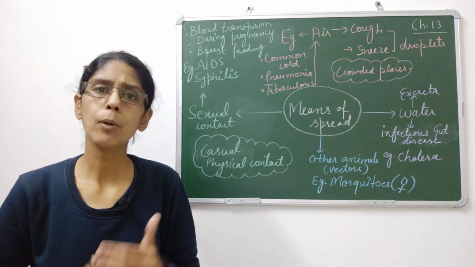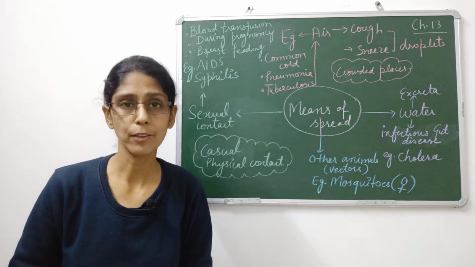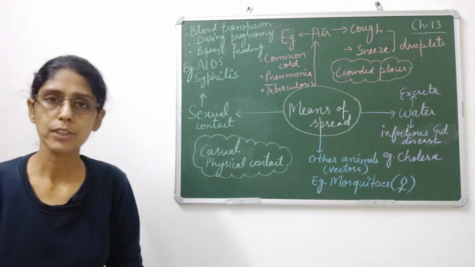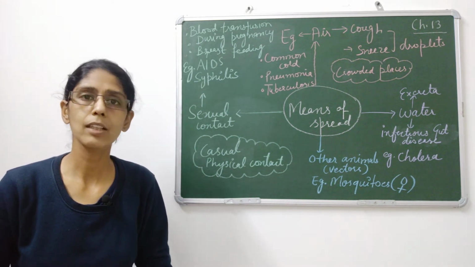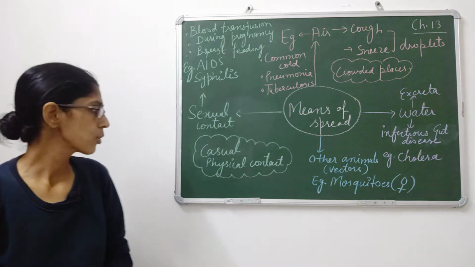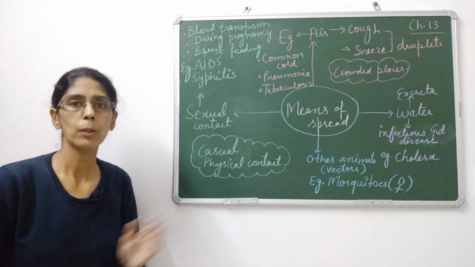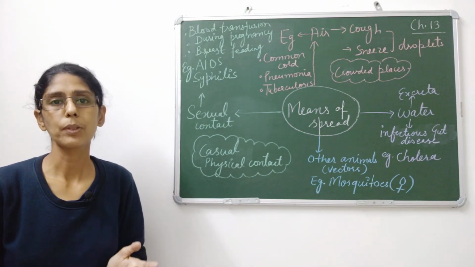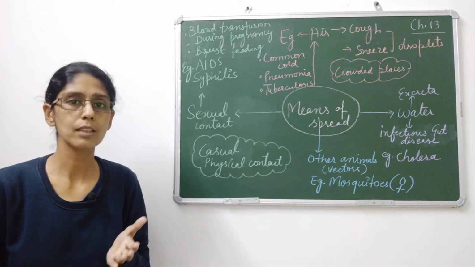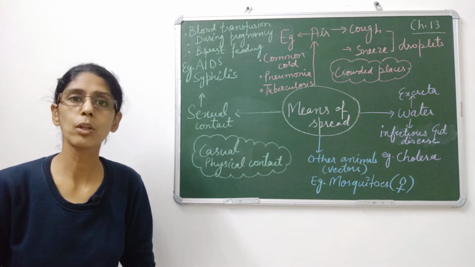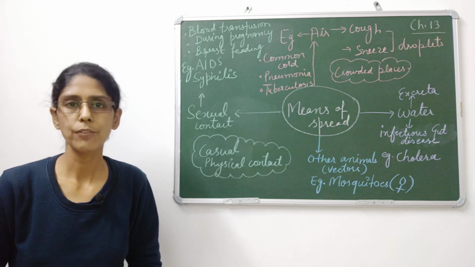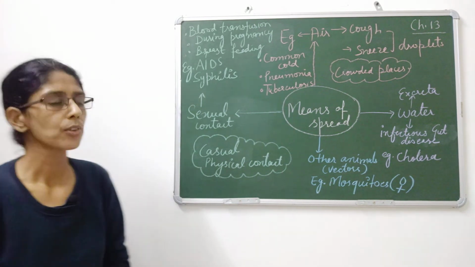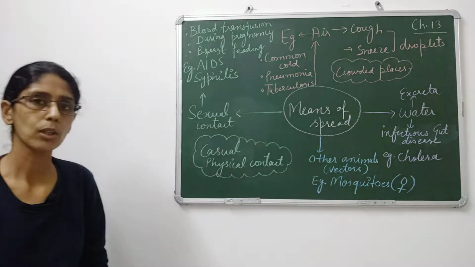We should not stop all kinds of contact with them. We can have casual physical contact with them, like handshake, hugging and all that. Some diseases spread through sexual contact, but they do not spread through casual physical contact. So this is related to sexual contact.